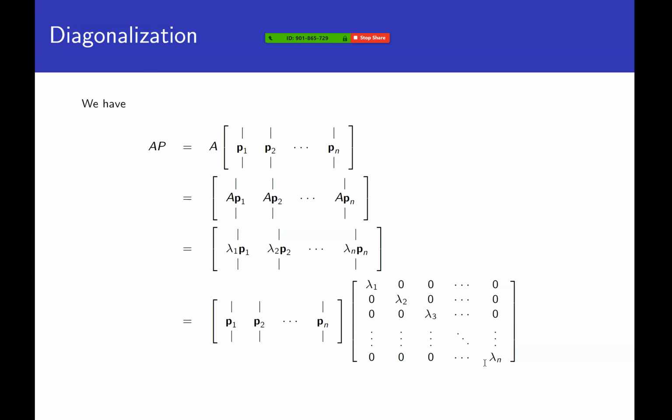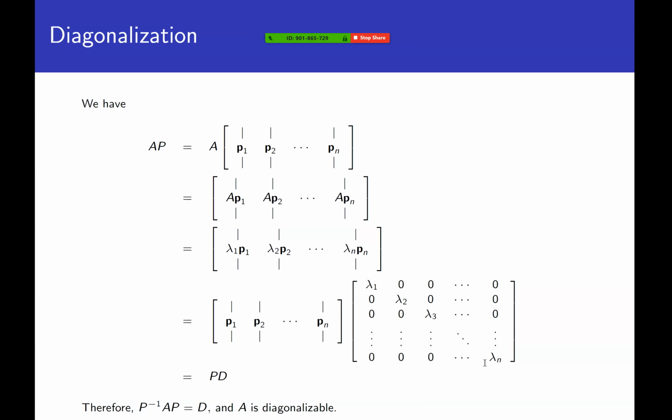I can line up the columns of P on the left, and then the eigenvalues down the diagonal on the right. And that must be PD. Then since P is invertible, I can move the P inverse to the other side, and we have the definition of diagonalizable. All right.